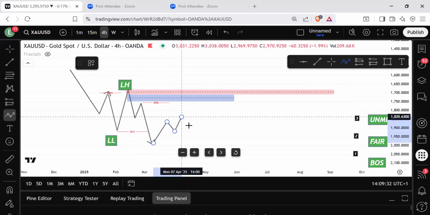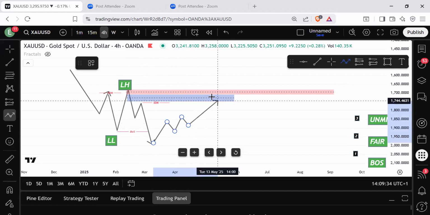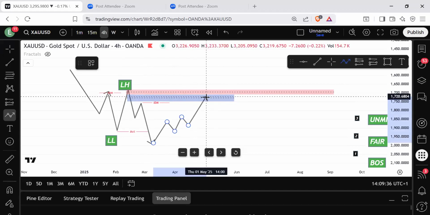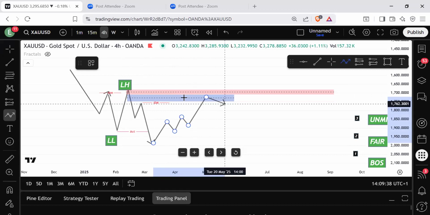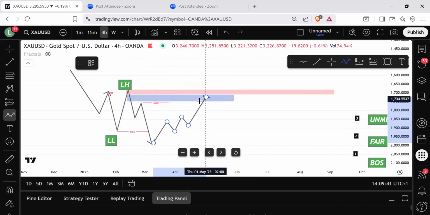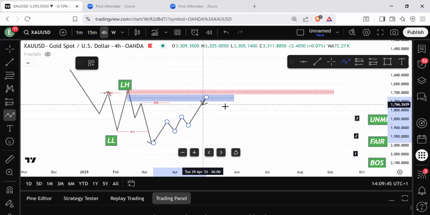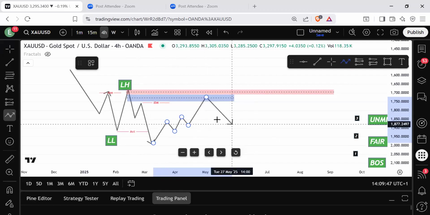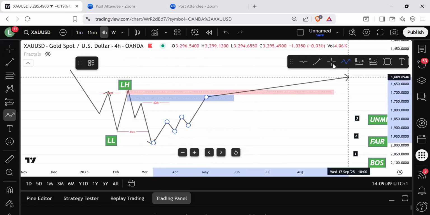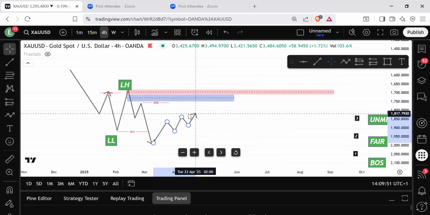So we are waiting for price to come back. If price comes back here before we take the trade, it is invalid.